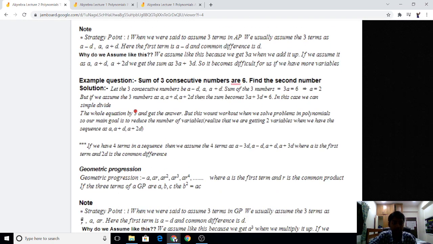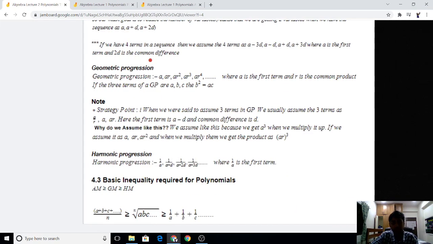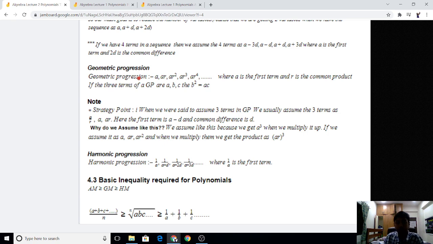So I've given some theory, and this is an example question, guys. And now for geometric progression, just observe the numbers I have told: 2, 4, 8, 16, 32, 64, 128, 512, 1024, 2048, 4096.